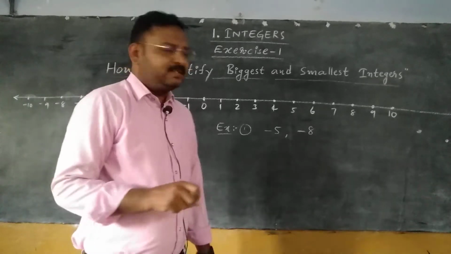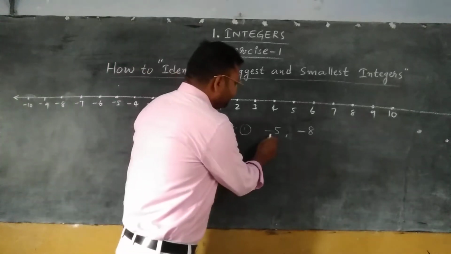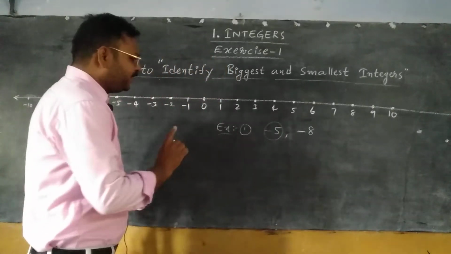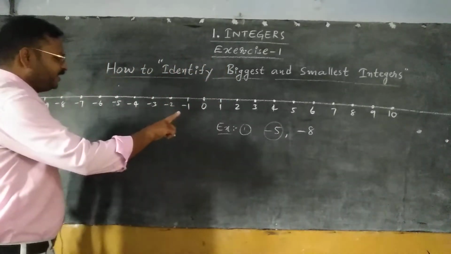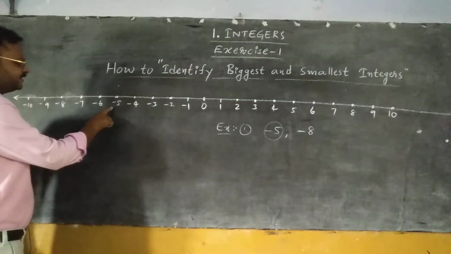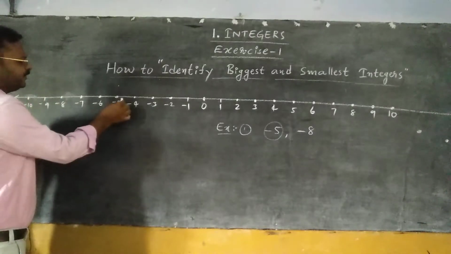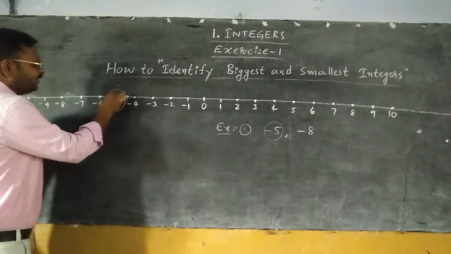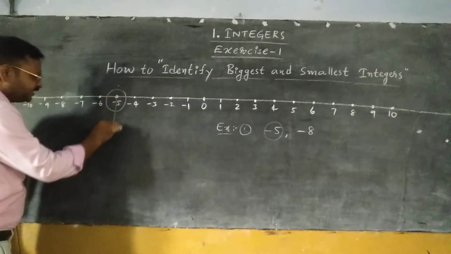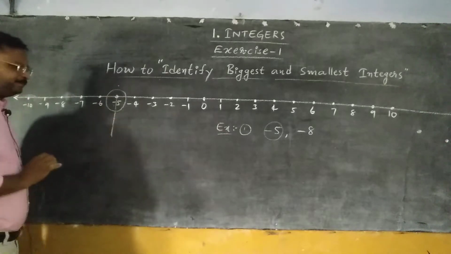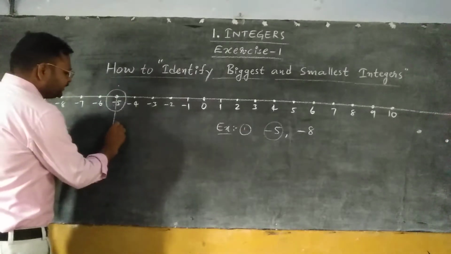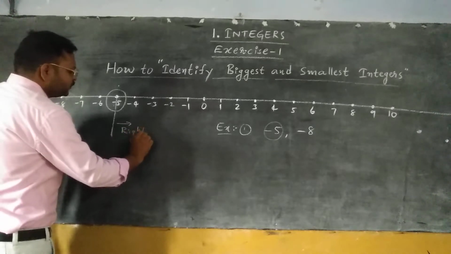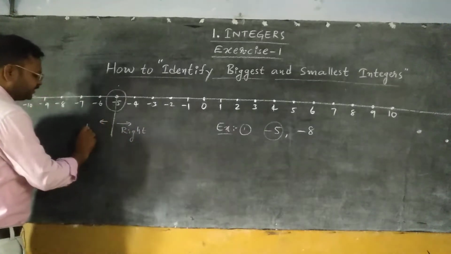First, you consider minus 5. Where is it on the number line? Yes, it is just here. Circle minus 5 and draw a line here, and locate the right direction and the left direction.